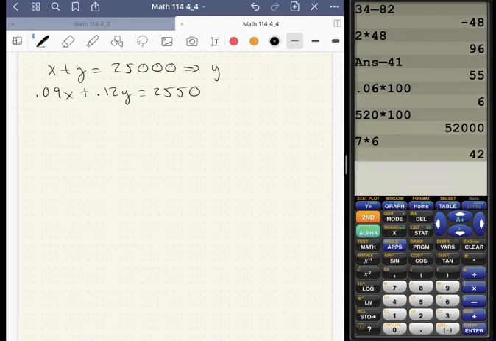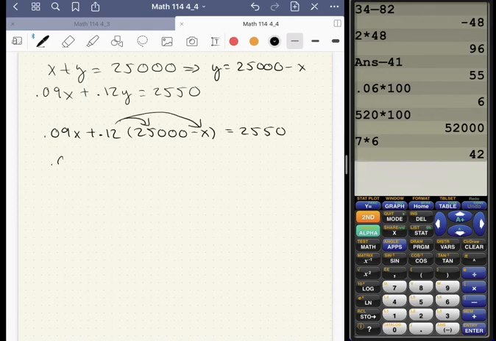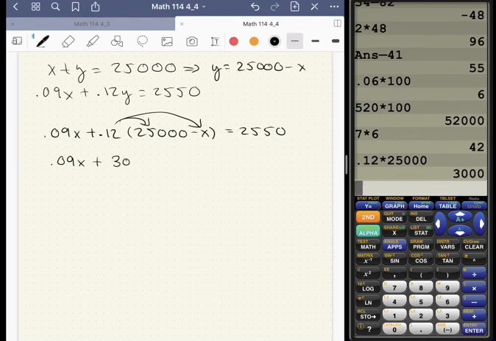I'm going to take the top one and put y equals 25,000 minus x. So now I have 0.09x plus 0.12y, but I know that y is 25,000 minus x, is equal to 25.50. I'm going to distribute, so I have 0.09x plus 0.12 times 25,000 is 3,000, minus 0.12x is equal to 25.50.